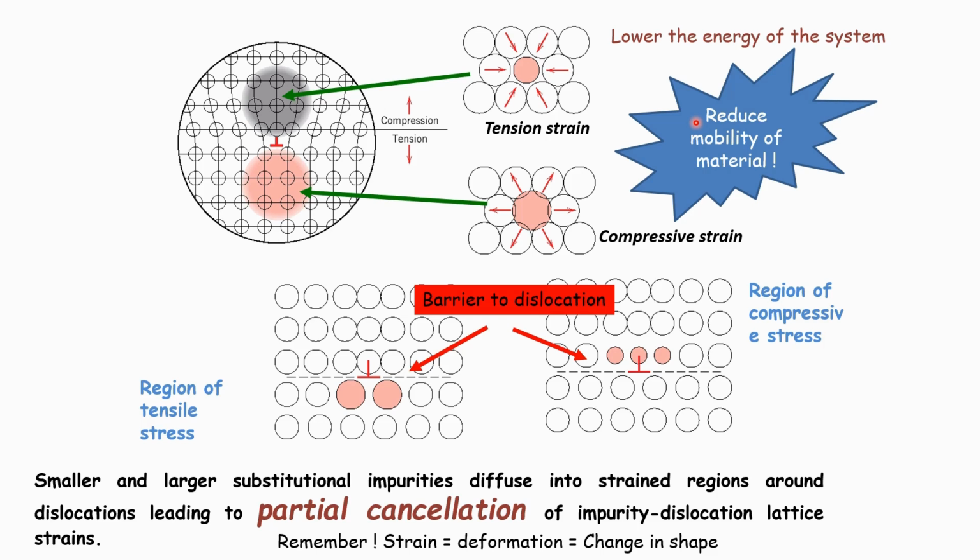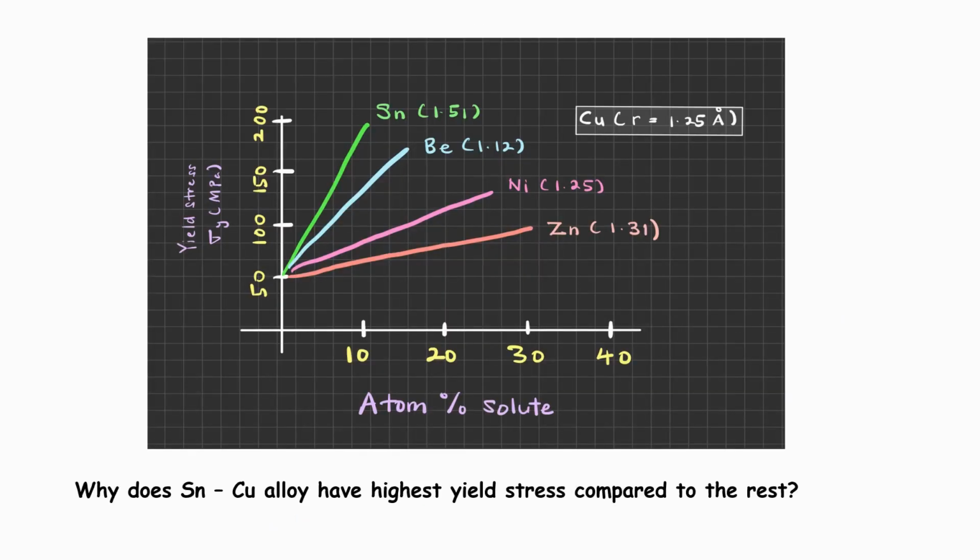So here also note that the higher size difference will lead to the higher strain, and there will be more effective hardening due to solid atom. For example, here we have a base element, copper, with a radius of 1.25 angstrom, and we have 4 different alloying elements.